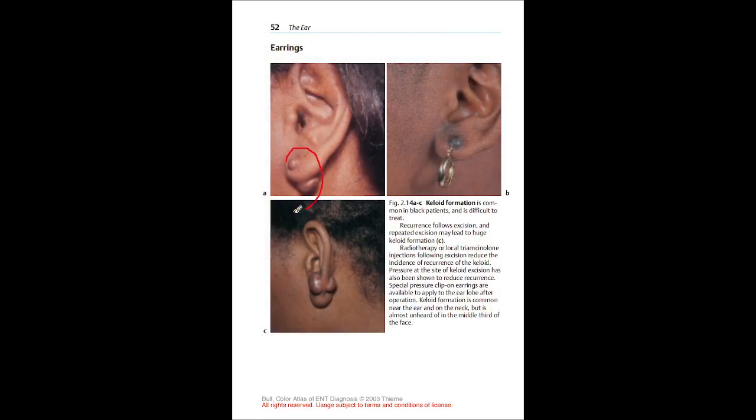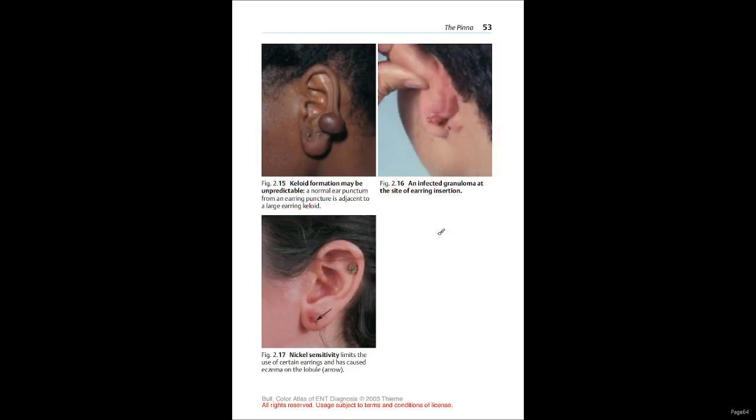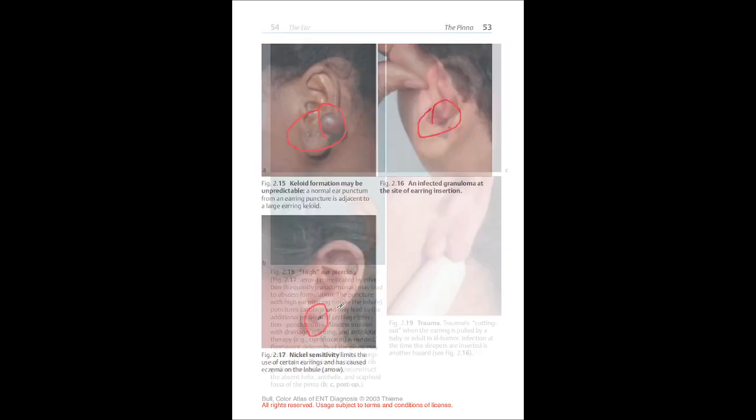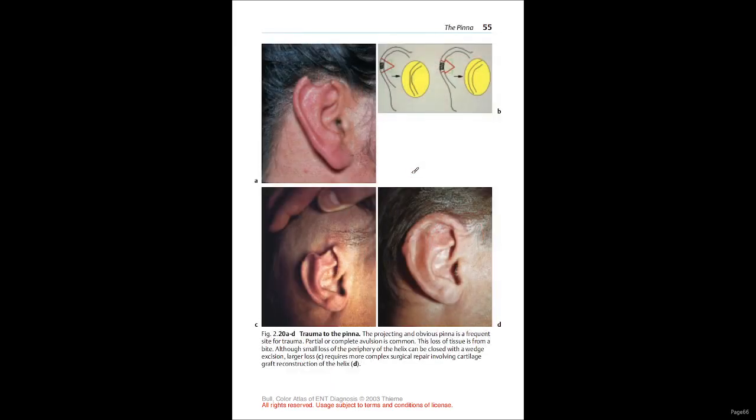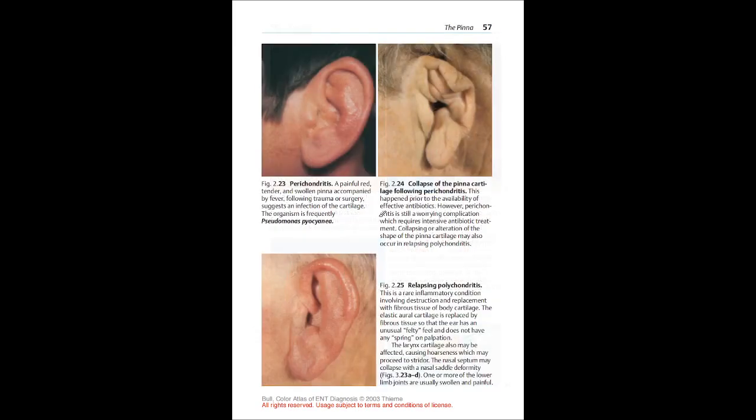This is a keloid formation due to the use of a piercing or ornaments, common in Africans. This is a keloid again. This is a granuloma, or this is the nickel sensitivity type 2, I guess, or I don't remember. This can be a trauma. This is due to a piercing. This is trauma as well.